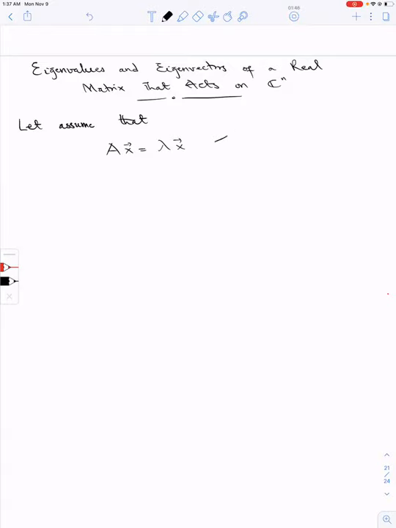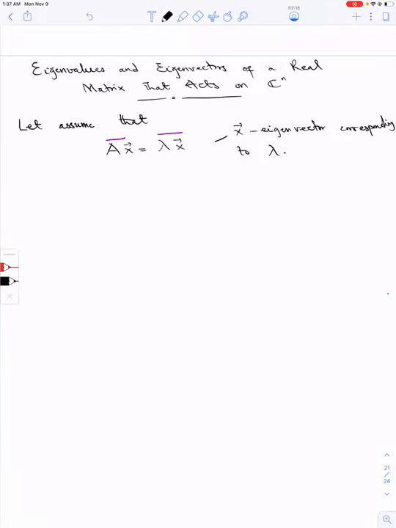So here we are saying that x is an eigenvector corresponding to lambda. Now, because we are in the complex plane, let's go ahead and find the complex conjugate of Ax equals lambda x.